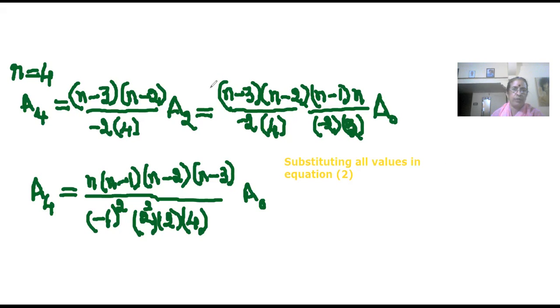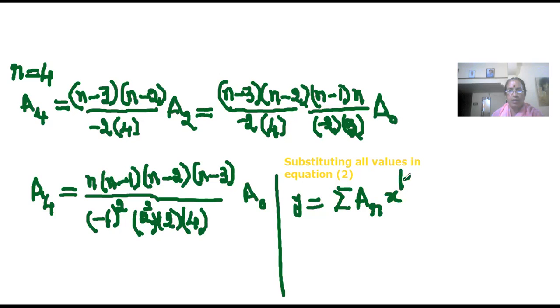Y equal to, we have taken in the beginning, y equal to summation A r into x power k minus r, r running from 0 to infinity.